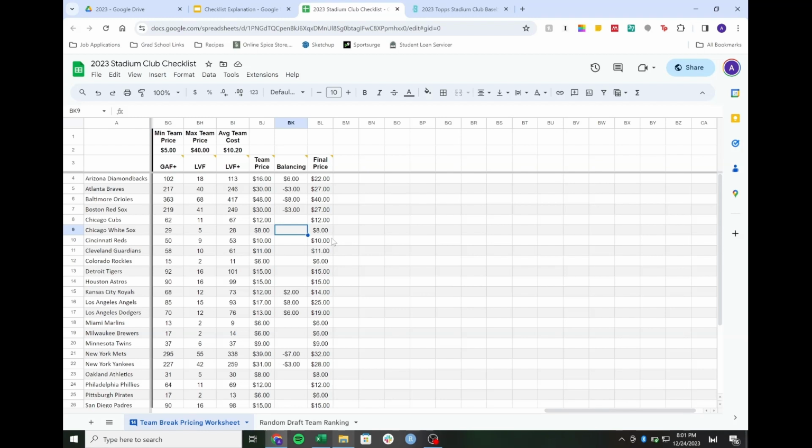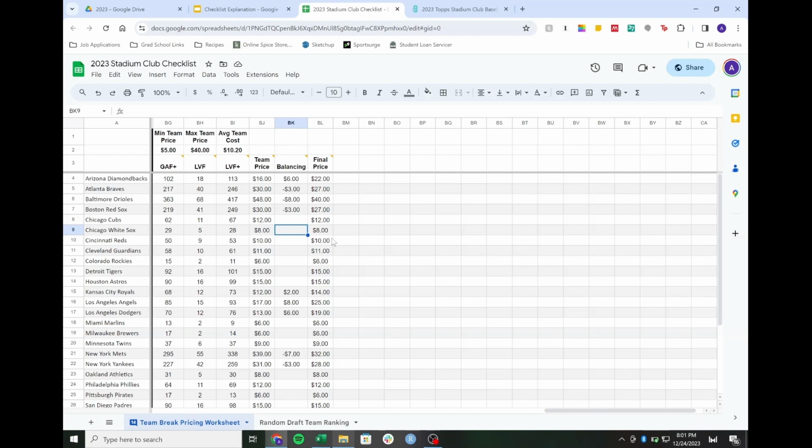So using the balancing column allows you to adjust things. Another example is the Los Angeles Angels, they're at $17 a player, even though they have Shohei Ohtani, obviously the largest chase card of the non-rookies. And so I use this balancing column to tweak some of the prices that seem a little out of whack.